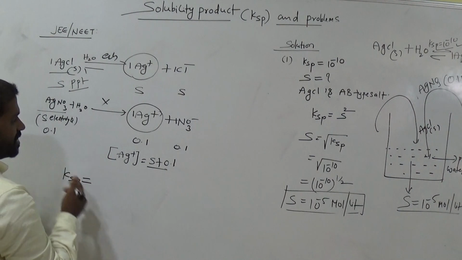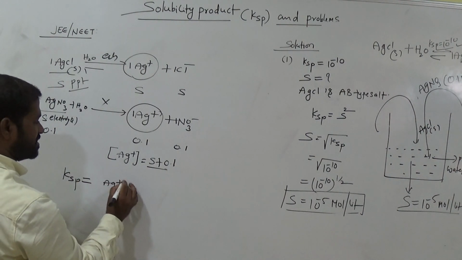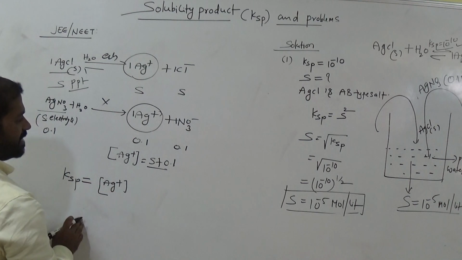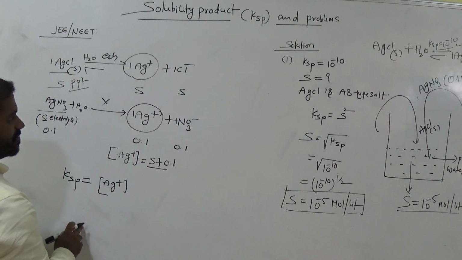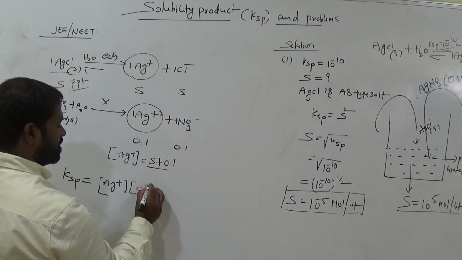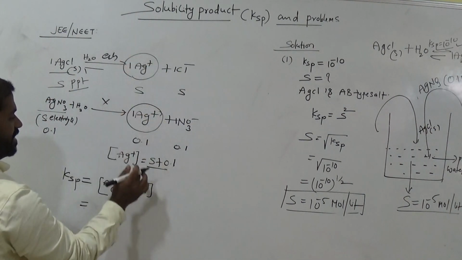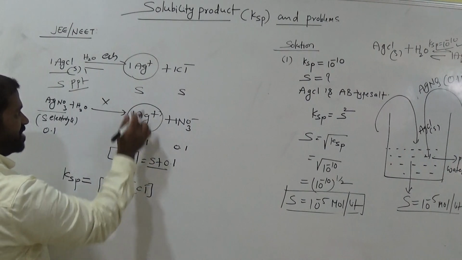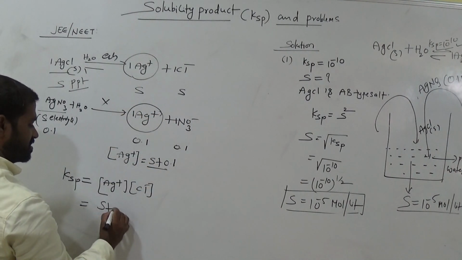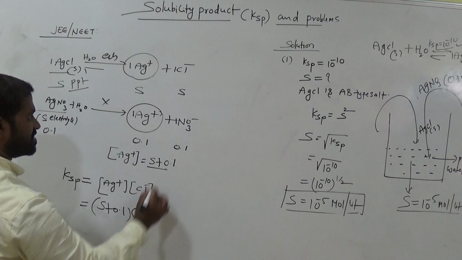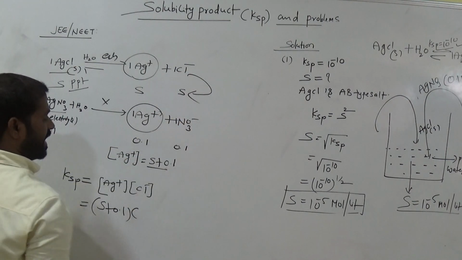Ksp expression is Ag plus times Cl minus. Now the concentration of Ag plus at equilibrium is S plus 0.1, am I right? For Cl minus how much is it? S.